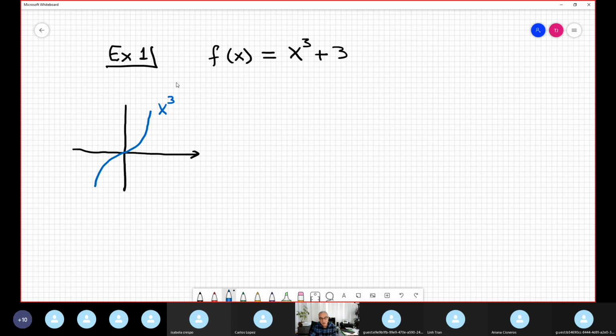This is a vertical shift 3 units up. Therefore, the graph is similar. Suppose it's something like that. This is the graph of x cubed plus 3. 3 units up. Point by point is moving. So the y is increasing by 3. And the x, no. The x stays the same.